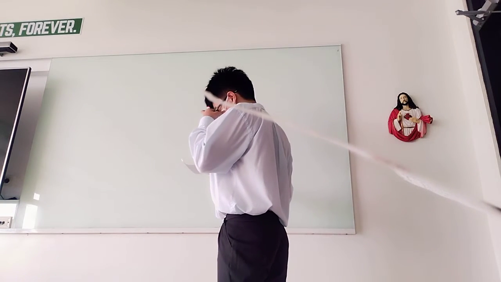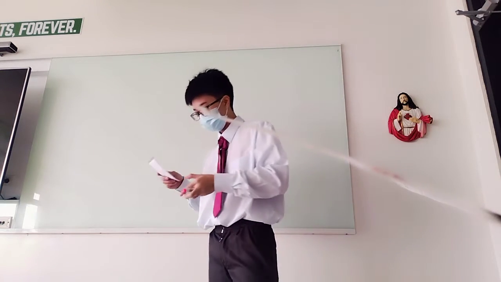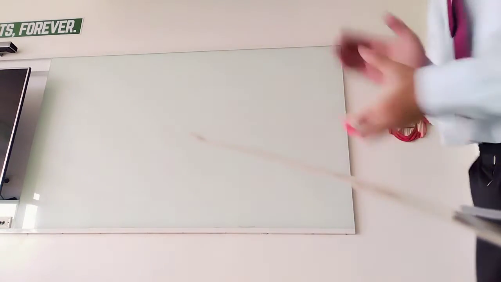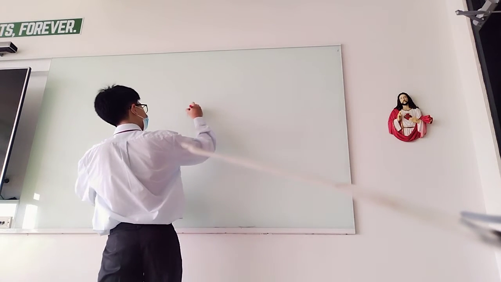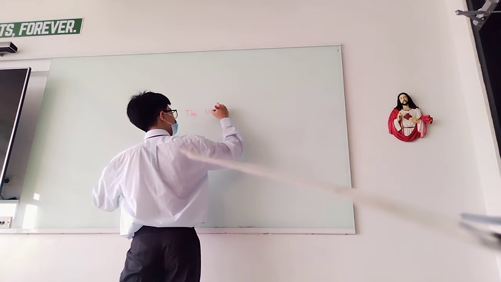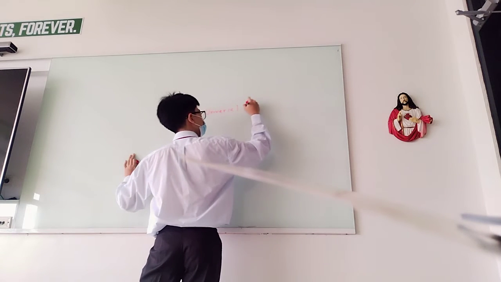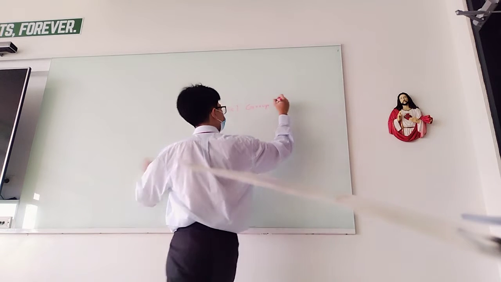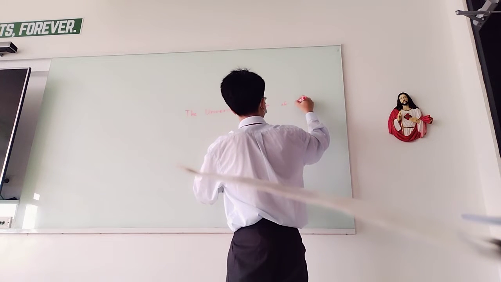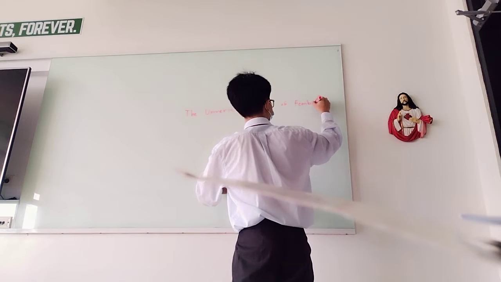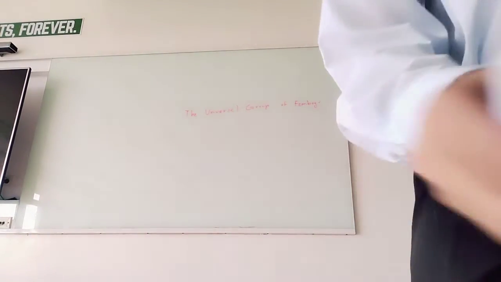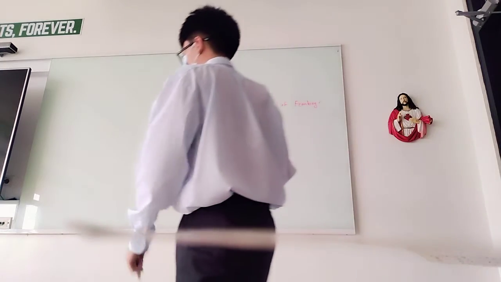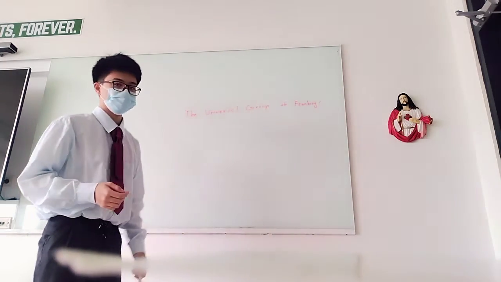So, let's move on to the main event, shall we? The universal group of femboys. This is why we had to discuss the abstract family of languages, because a specific case of that is just the English alphabet and the English language.